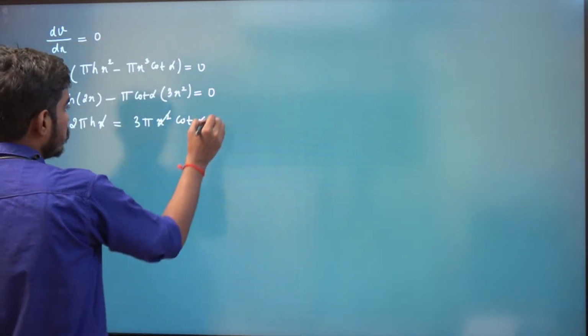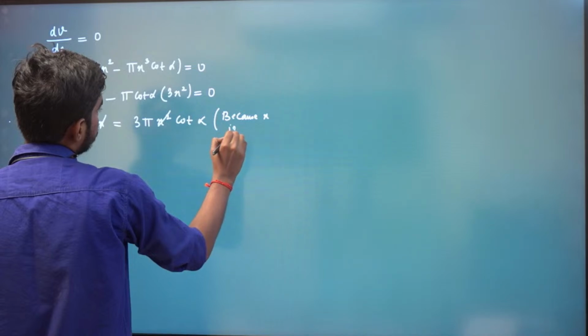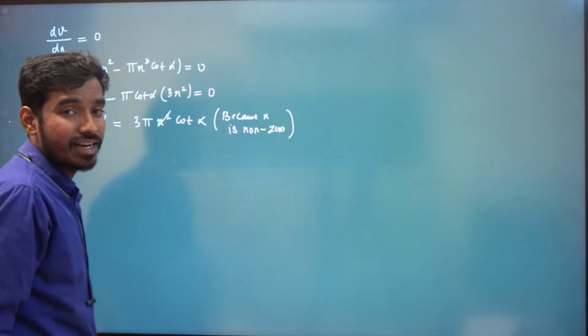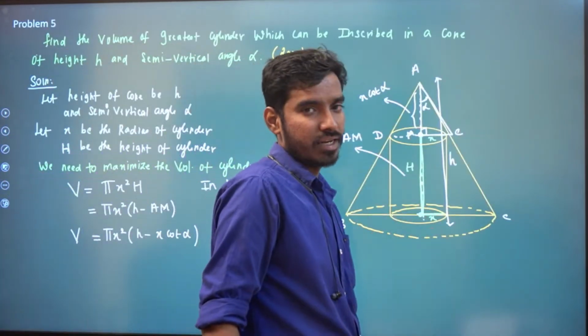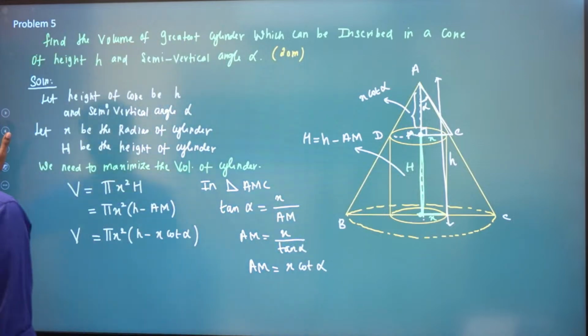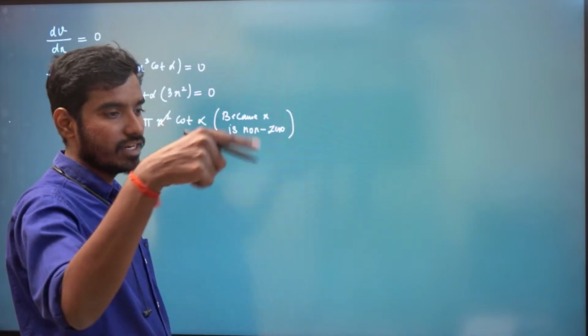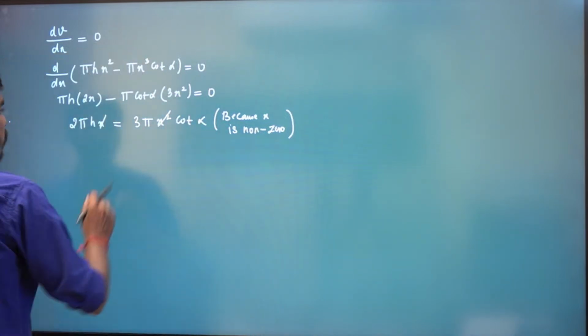Why is x non-zero? Because if x is 0, you will not have a cylinder at all. x is the radius of the cylinder, so x is not equal to 0. That means you can cancel one x. If you are cancelling two things, you have to make sure that both are non-zero and the same.